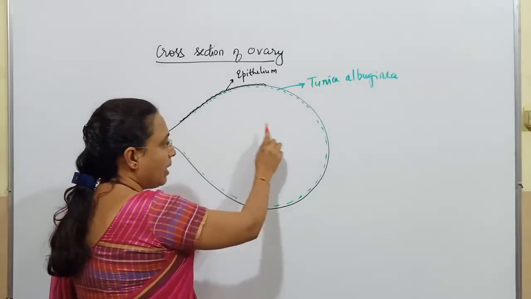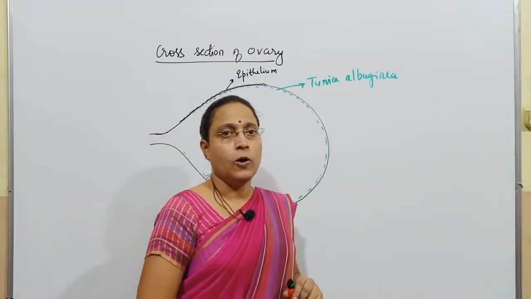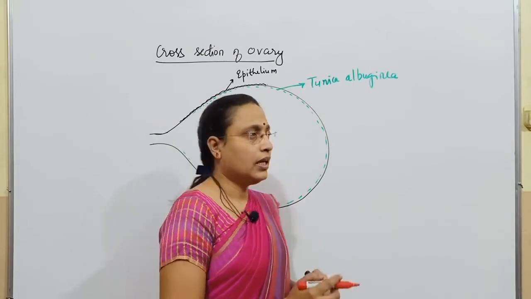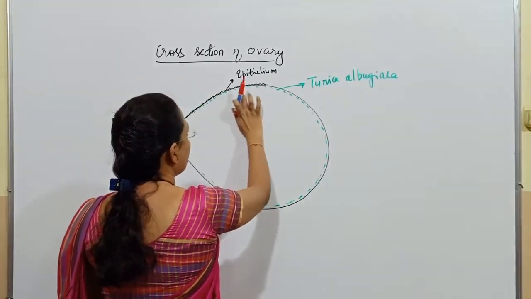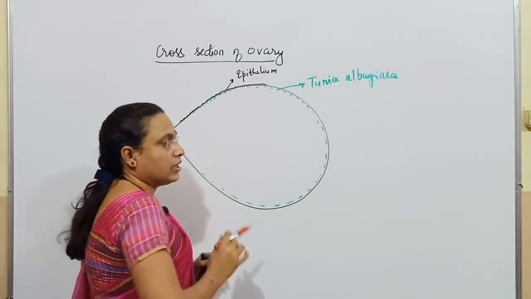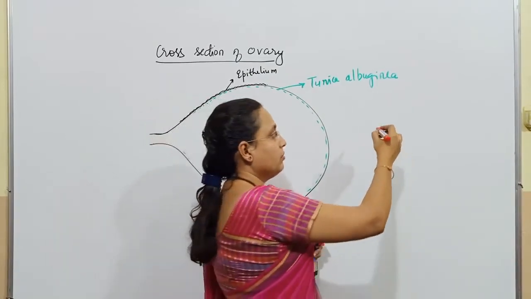And the major remaining part of the ovary, this whole remaining part, is called the stroma.